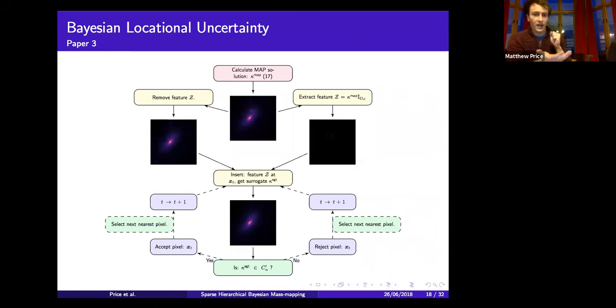You remove that peak, and then you iteratively reinsert this peak at different positions, until you get to a situation where the solutions that you're generating are no longer in the credible set. At that point, you end up mapping out pixels that are not rejected for the location of the center of that feature. You can then form the convex hull of these features, and that will give you the locational uncertainty. So a location isocontour on your convergence map of where that feature could have been located.